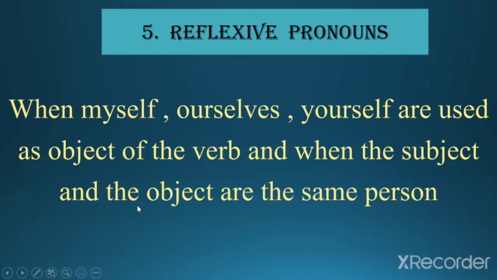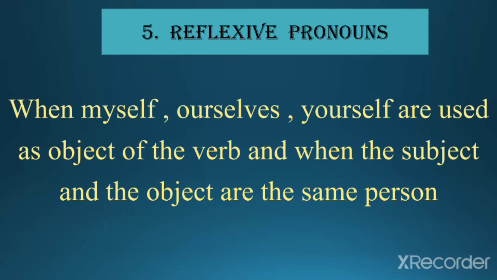Now let us move on to one of the most important kinds of pronouns, which are reflexive pronouns. So myself, ourselves, yourself, themselves, himself, herself, itself, all these are used as objects of a verb.